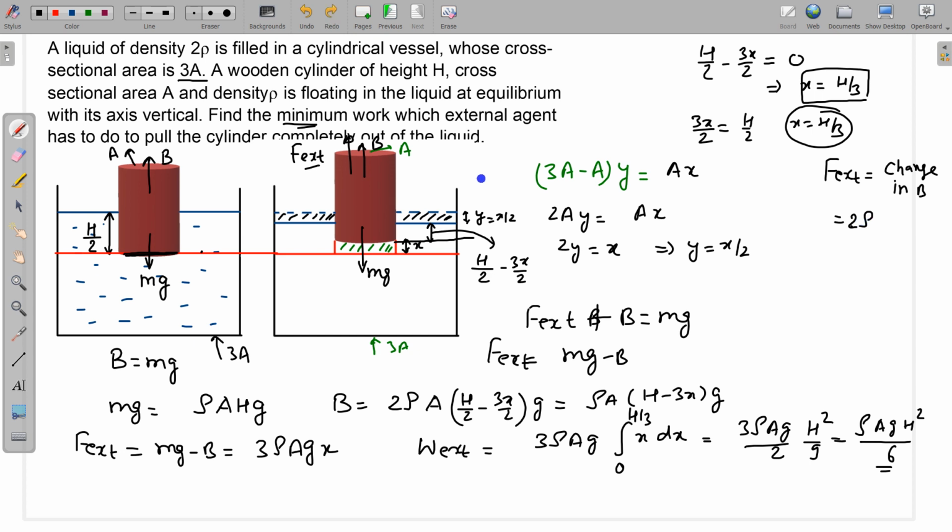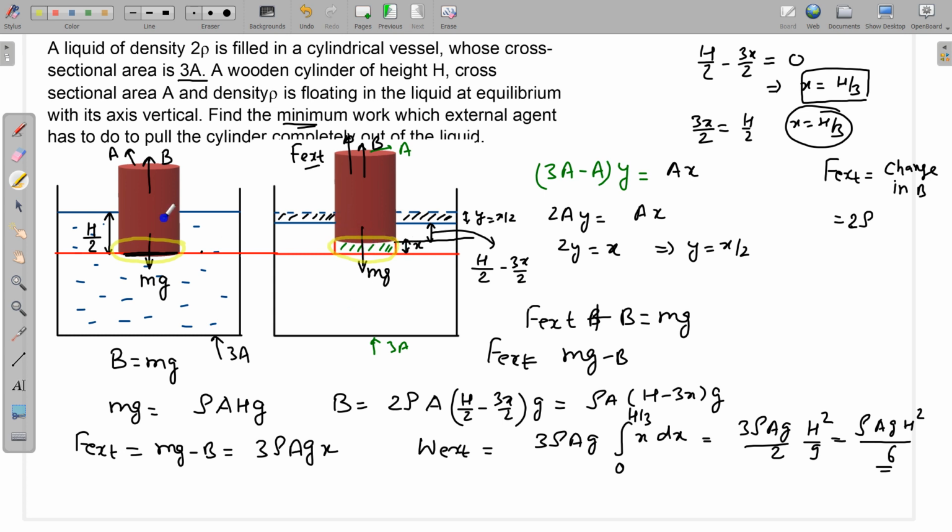So we can visualize from the diagram what the change in the submerged volume is. You can see initially this portion of the cylinder was in the liquid. This portion is no longer in the liquid, so there is a loss in buoyancy due to this.